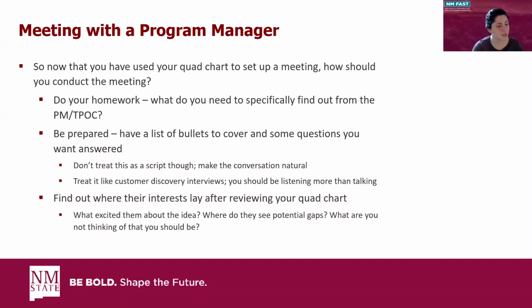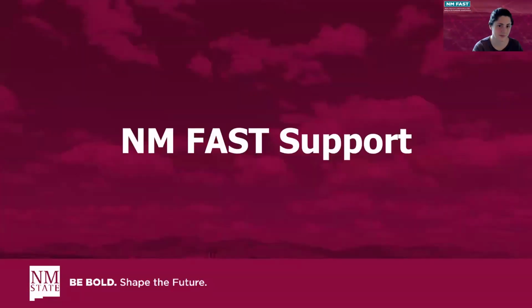Pitch them your scope of work, but also be very receptive and humble as you are hearing from these points of contact and program managers. Many times we think that our idea is the best idea, and it could be a really great approach, but you really want to make sure that your idea and your approach align with what the agencies are looking for.